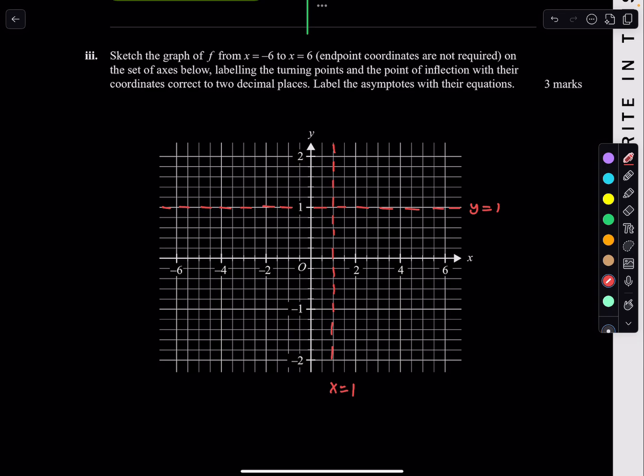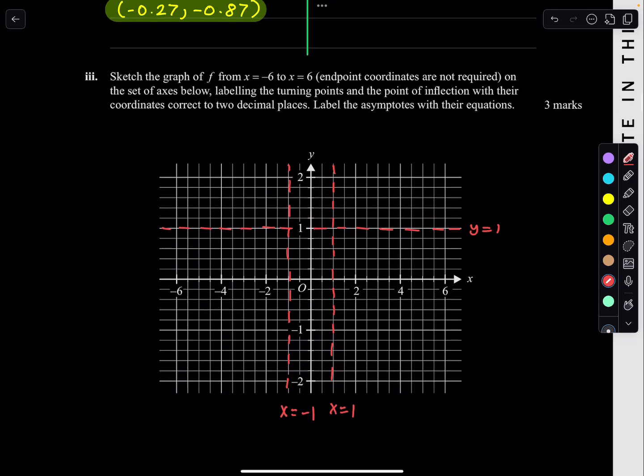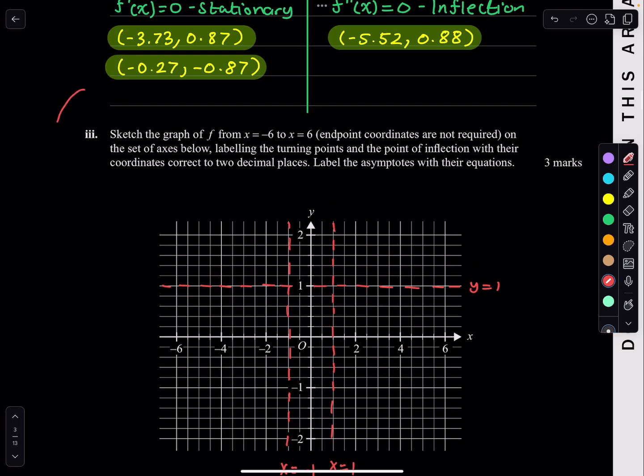And x equals negative 1, which is over here. Done. So we've labeled our asymptotes.